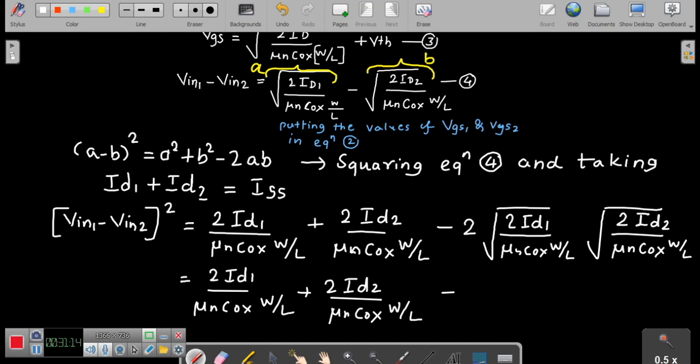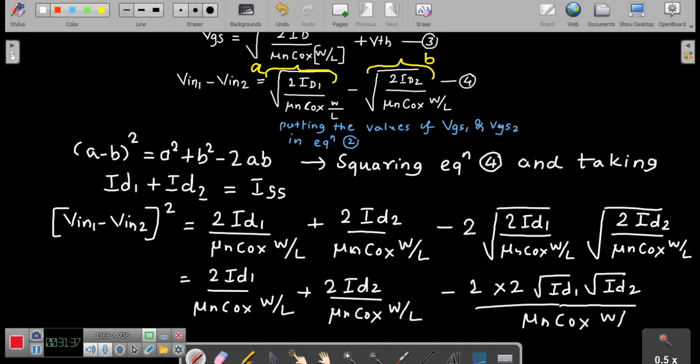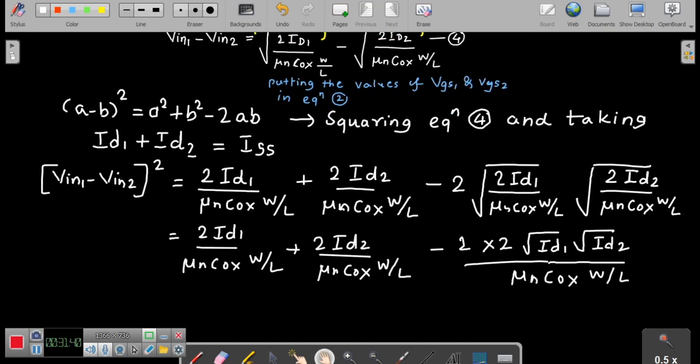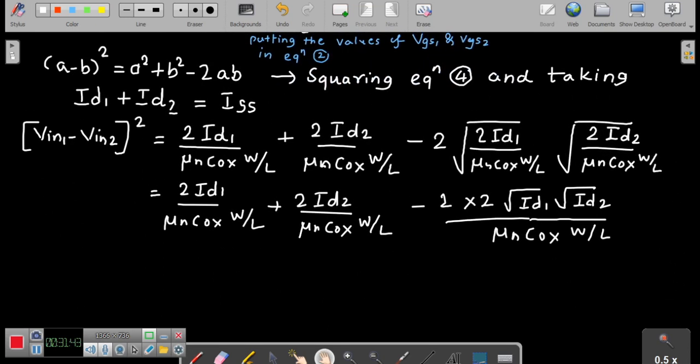So if you simplify this, you will get this as 2 into 2 root ID1 root ID2, please check, divided by mu n COX into W by L.